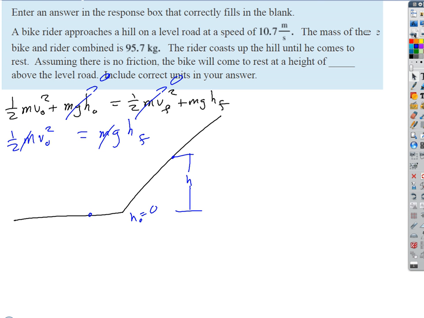I could divide both sides, even with this original equation up here where I have 1/2 m v squared plus m g h naught equals same stuff on the other side. Look what happens to that equation. So 1/2 m v naught squared plus m g h naught equals 1/2 m v final squared plus m g h final. Well, I could do a couple things.